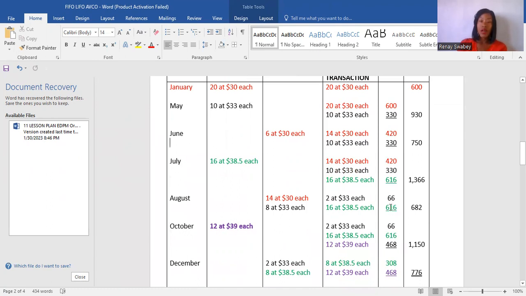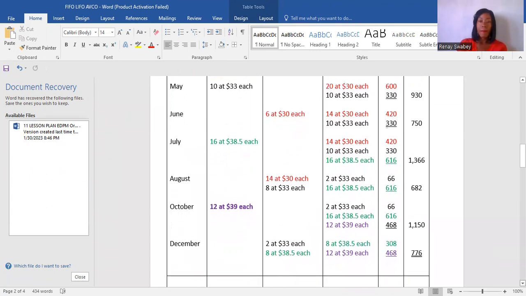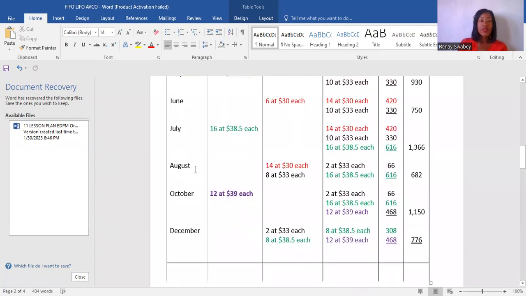So in this adjusted column, let me scroll down. All right, so we're at October now. In October, Selena again purchased 12 items from Rochelle. Each cost $39.